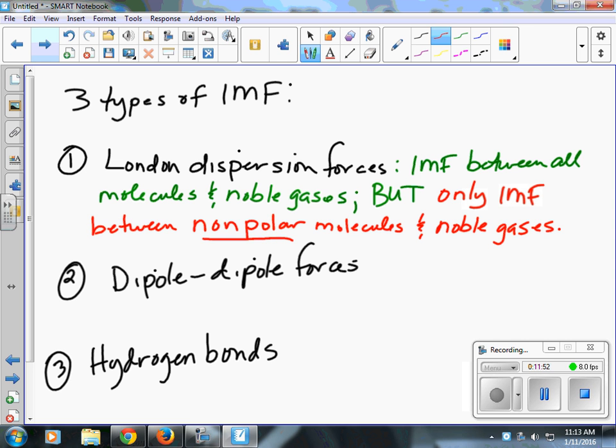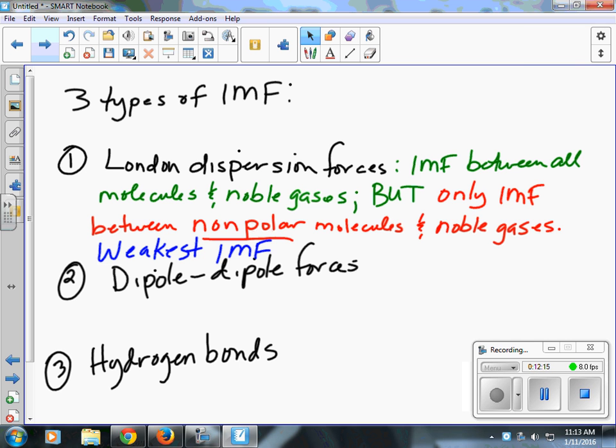What I mean by that is all molecules have London forces. But polar molecules have this plus other stuff that's stronger. These things are the weakest. London is the weakest intermolecular force.